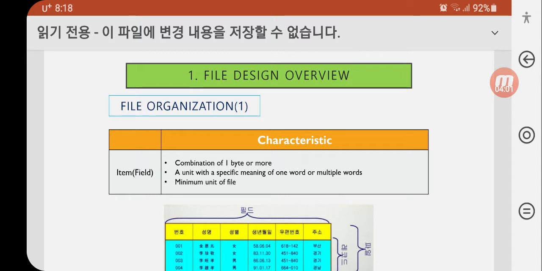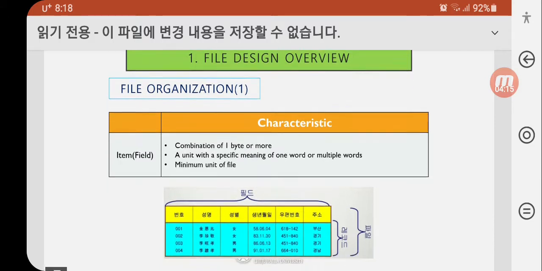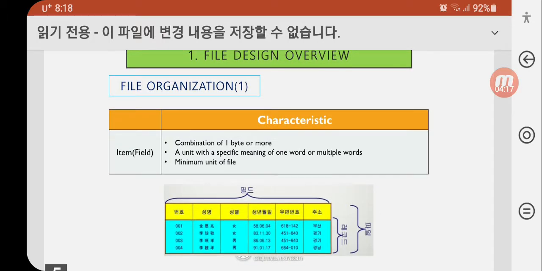Next slide is about the organization of data. The files or organizations. Item or a field is a combination of 1 byte or more, a unit with a specific meaning of 1 word or multiple words. Item is the minimum unit of the file.